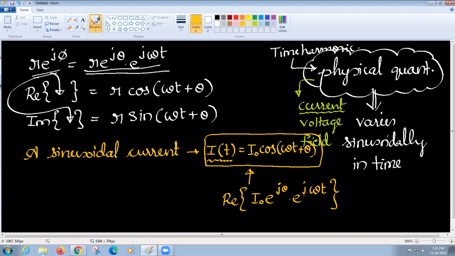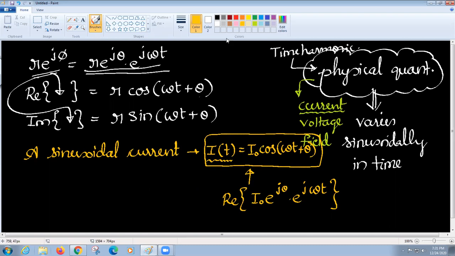You can also take the imaginary part of this, which gives I naught sine omega t plus theta. So it's not that you can always use only the real part; you can also use the imaginary part. But please don't involve both in the same calculations. That is important.